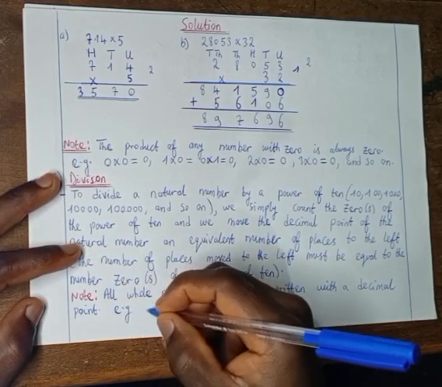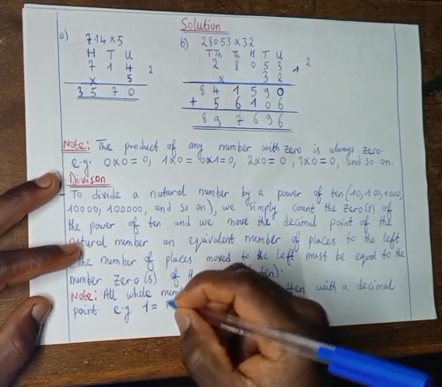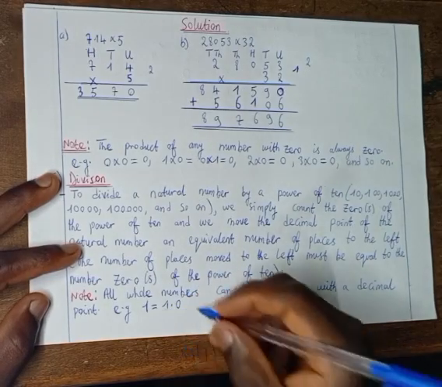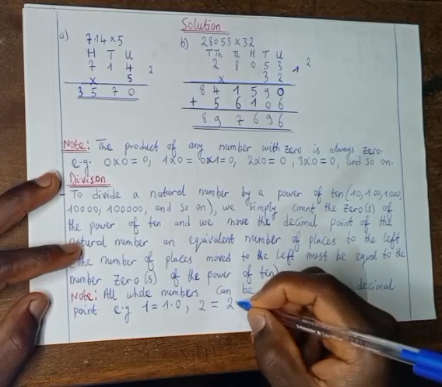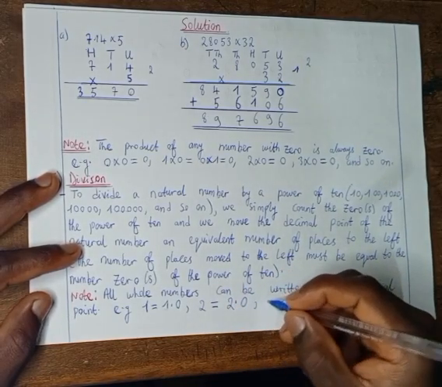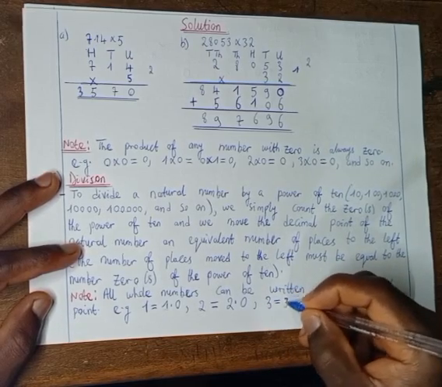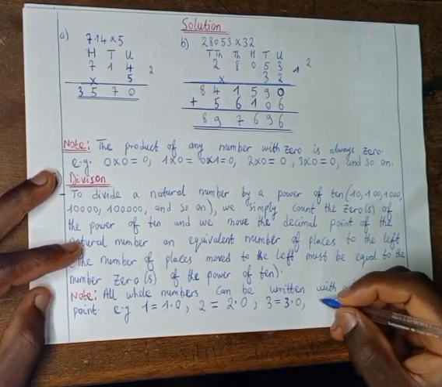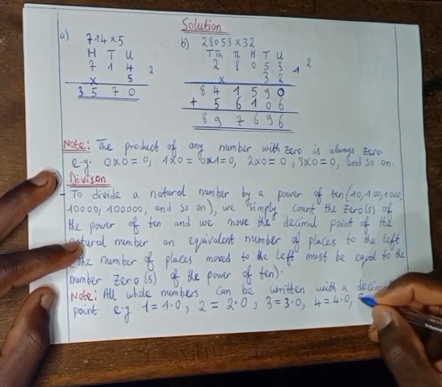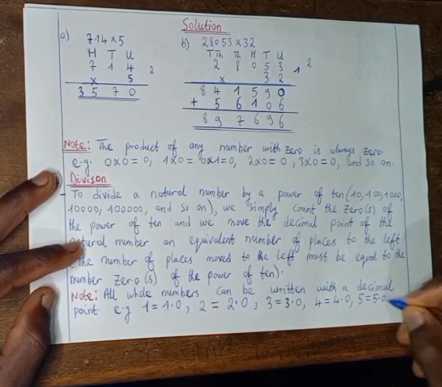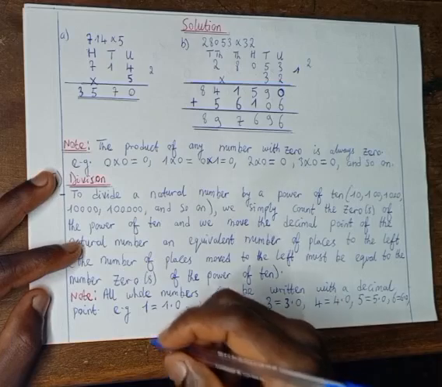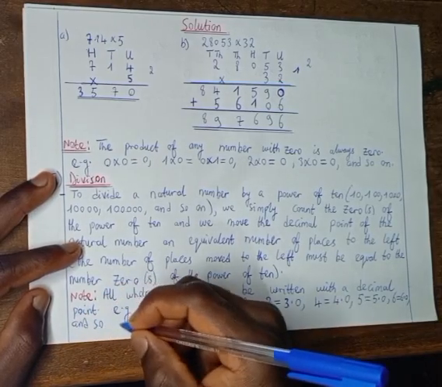E.g., if you take the number 1, you can write down 1 as 1.0. You see this is the whole number part, fractional part is 0. So it is the same. You can write 2 as 2.0, whole number part, fractional part 0. You can write down 3 as 3.0. You can write down 4 as 4.0. You can write 5 as 5.0. You can write 6 as 6.0. And so on.